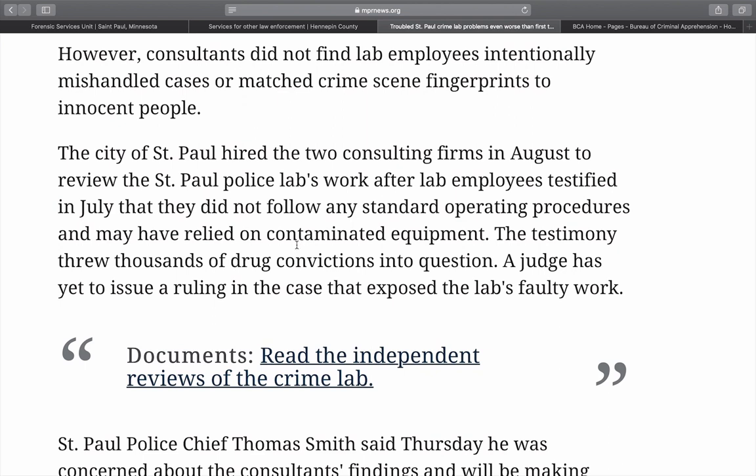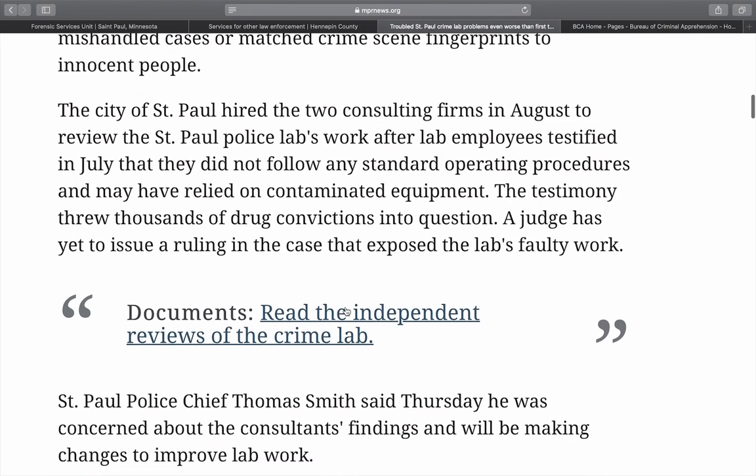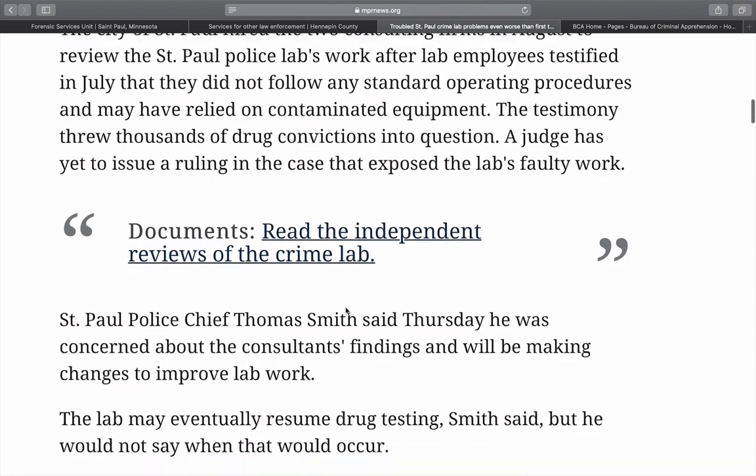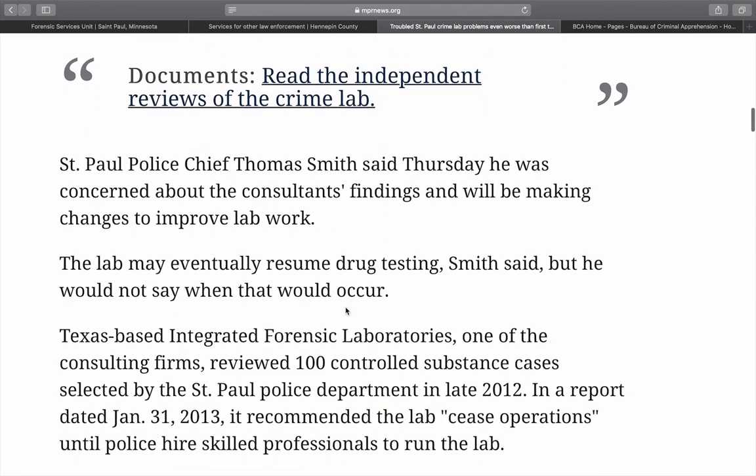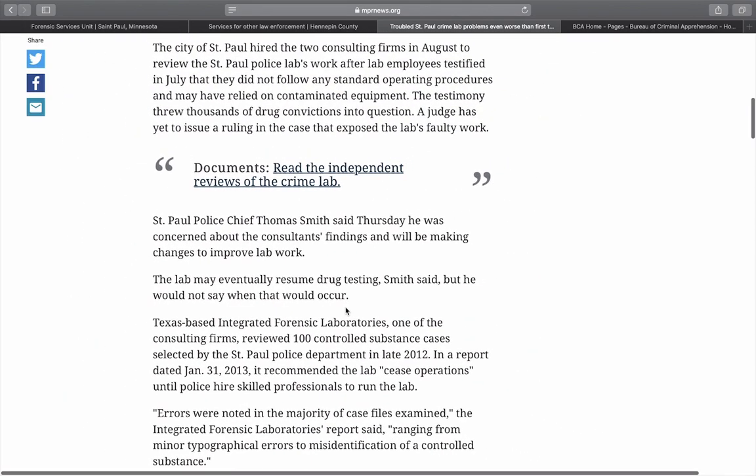The testimony threw thousands of drug convictions into question. A judge has yet to issue a ruling in the case that exposed the lab's faulty work. This was way back in 2013, and you can read this.